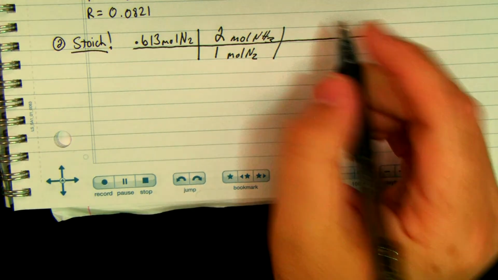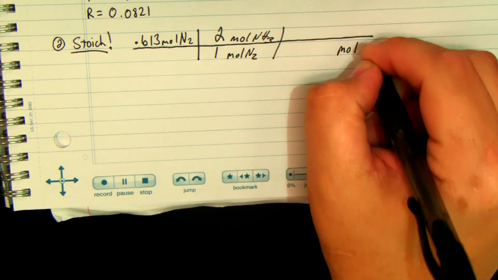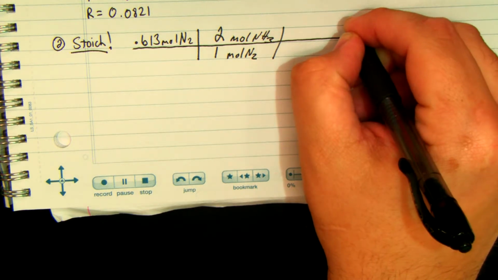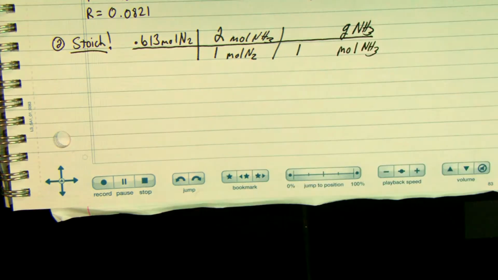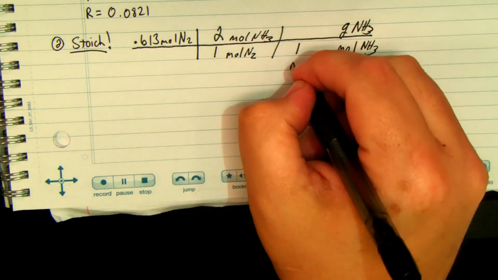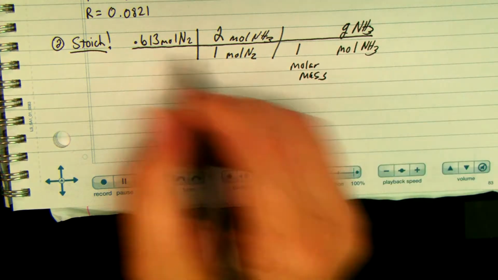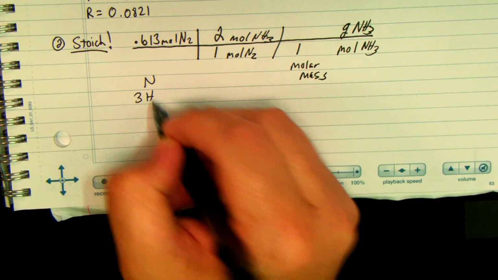Now, we have to go moles of NH3 to grams. I know we're going to get 1 mole, and this is going to be our molar mass. Now, we have N and we have 3 H's. So we have to figure out our molar mass from here.